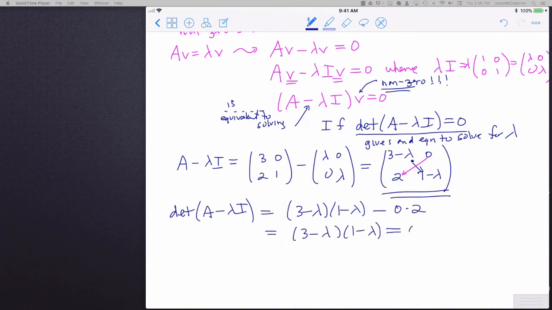And this is what you wanted to be equal to 0, because you wanted to find non-zero solutions for v, for your eigenvector. The solutions here for lambda are lambda equal to 3 and lambda equal to 1. These are your eigenvalues.